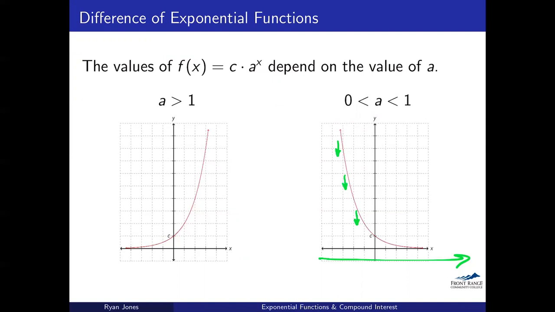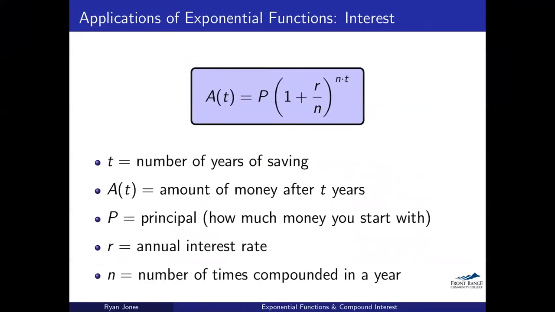So that's about as much as we're going to talk about with the graphs and the actual function of an exponential. Let's actually get now into compound interest here. So this equation that I've got boxed up here looks very complicated, but let me try and break it down a little bit for you. What this says here is actually talking about if you were to do one of two things.